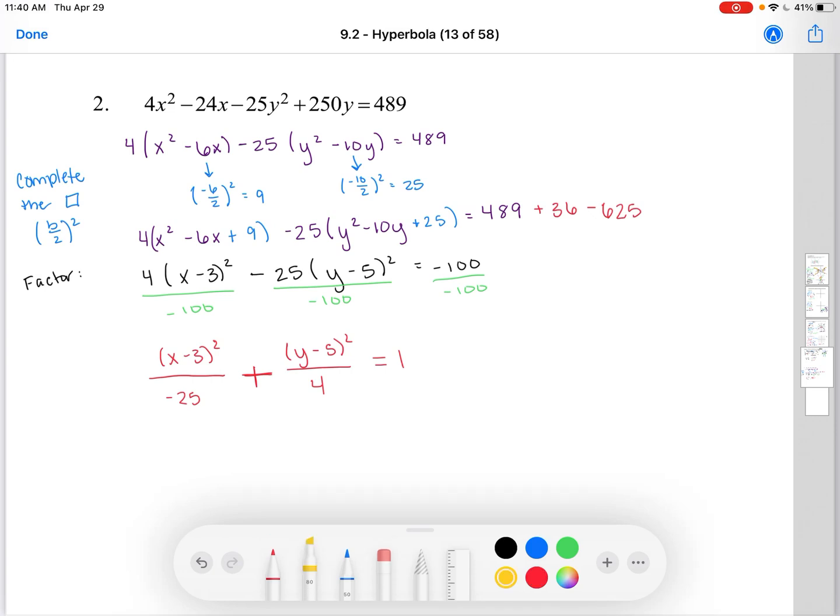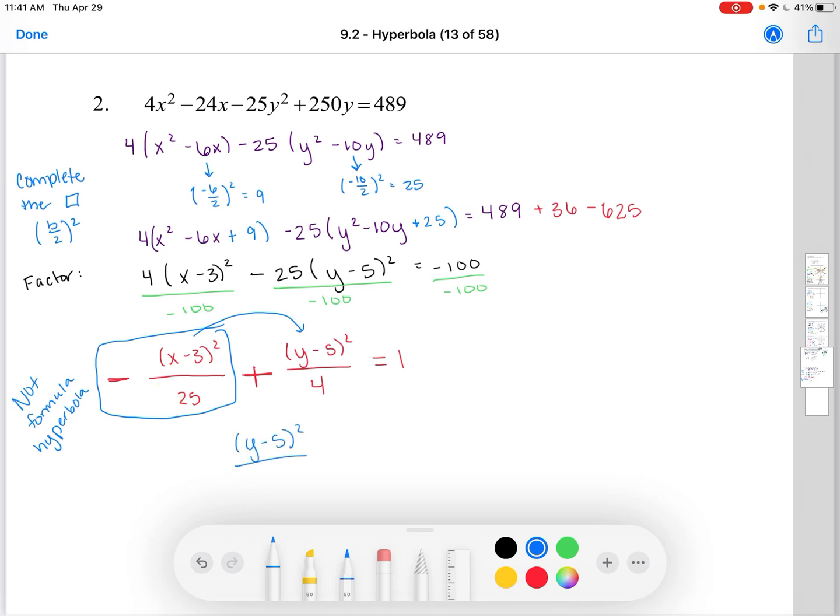Okay. But the other note that I have to notice is my denominator down here is a negative 25. And that's the exact same thing as if I took that negative and I put it up here. It's still the same fraction. It's still telling me it's a negative fraction, but this is not the formula for a hyperbola. In order to make it the formula for a hyperbola, I have to take this chunk and put it as my second term.